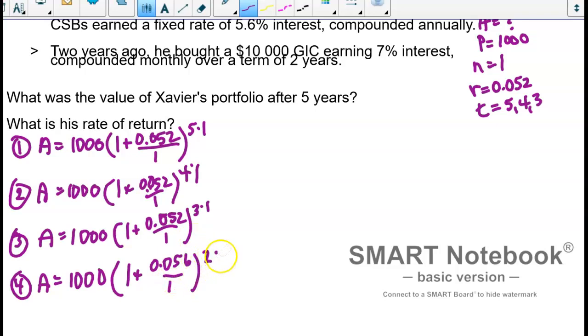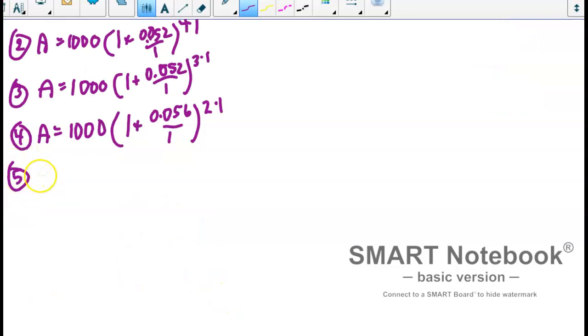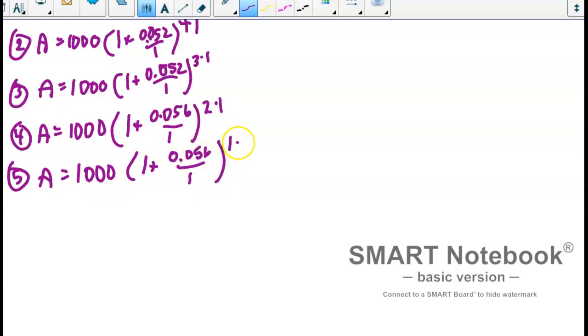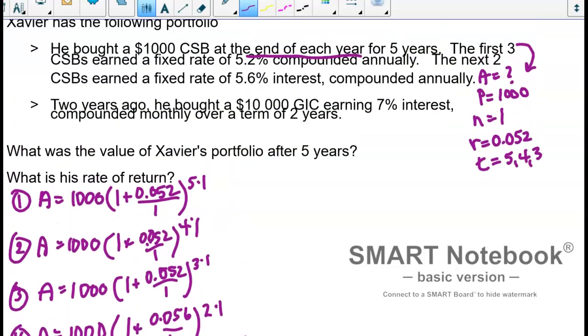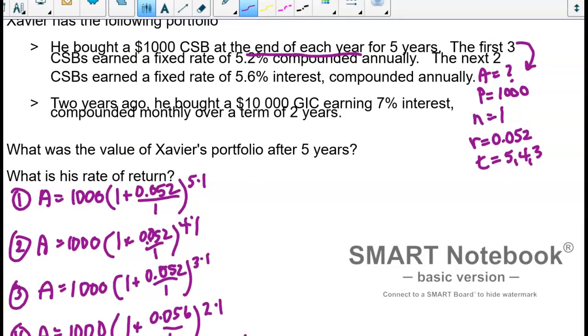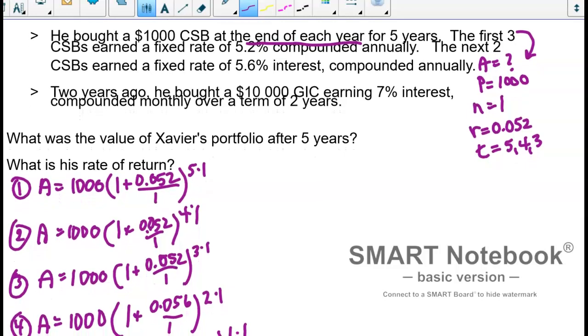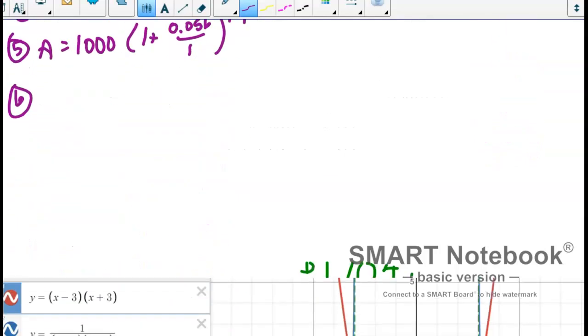And that was just 2 years ago, compounded annually. And then just 1 year ago, in the 5th year, he also 0.056 compounded annually 1 year. All right. Now he also has this GIC, 10,000 at 7% interest compounded monthly over 2 years.